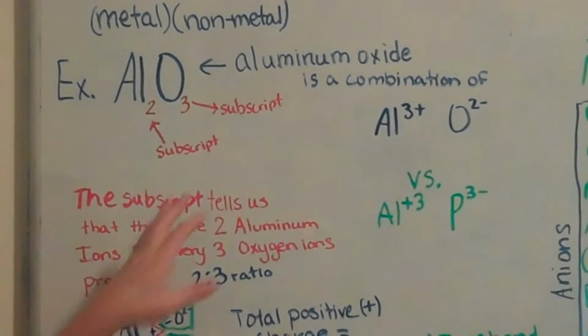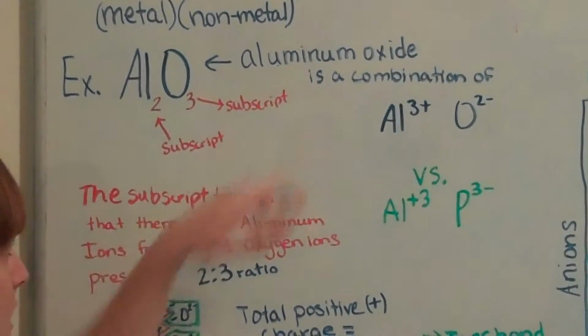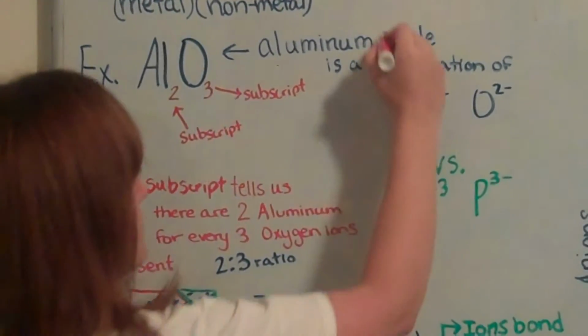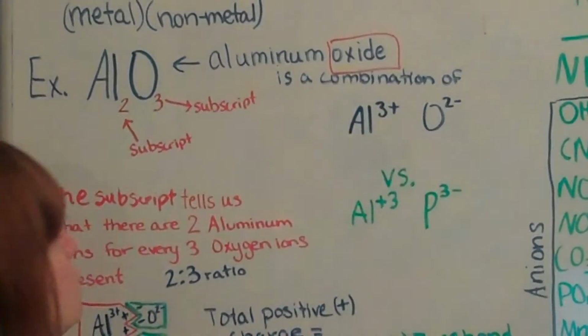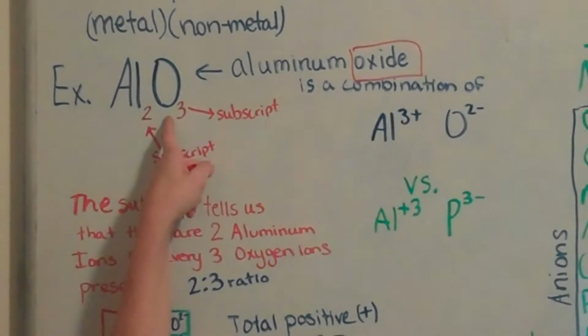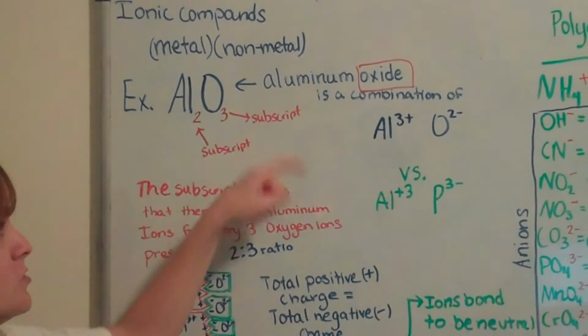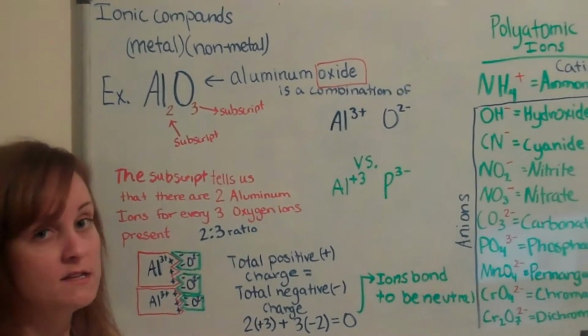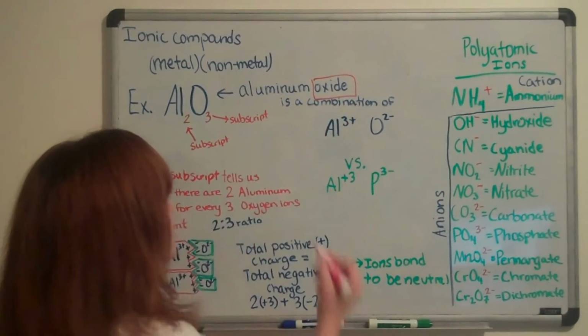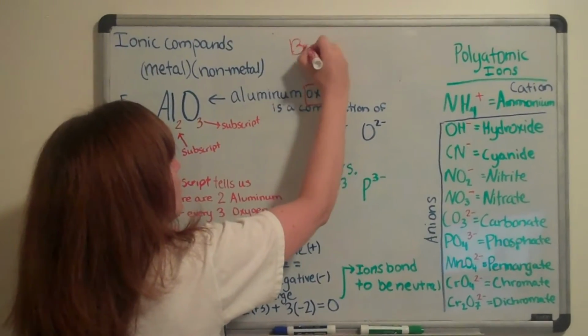So, if we have the name aluminum oxide, notice this is oxide even though this is oxygen, because when oxygen is in its ionic form, you drop the -ygen and it becomes oxide, so you're adding -ide. Same thing for bromine.